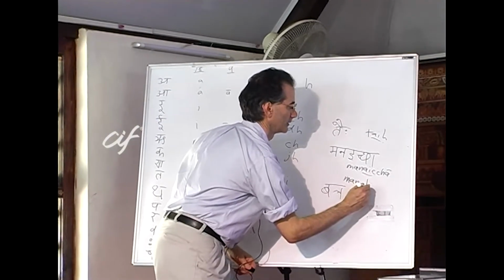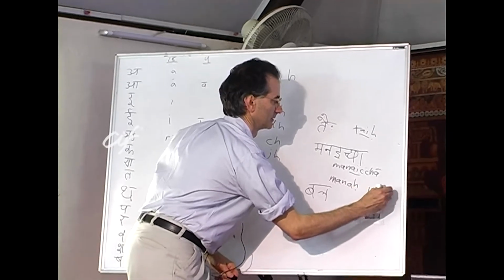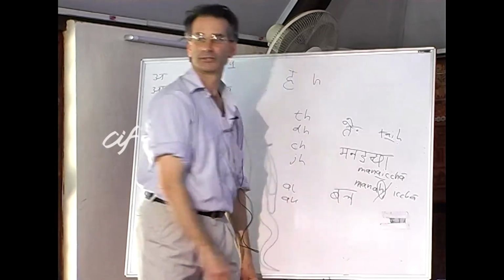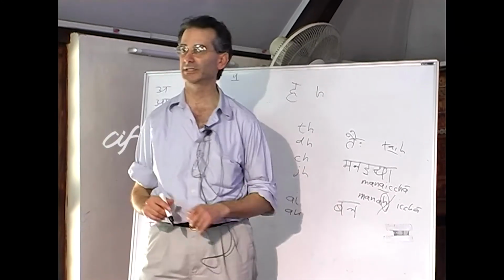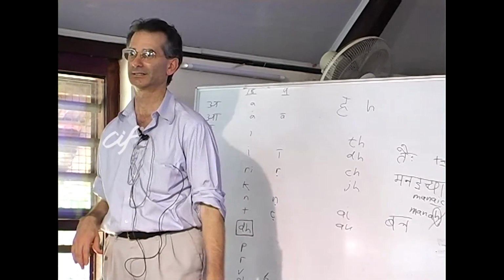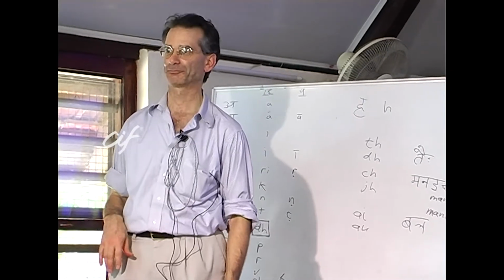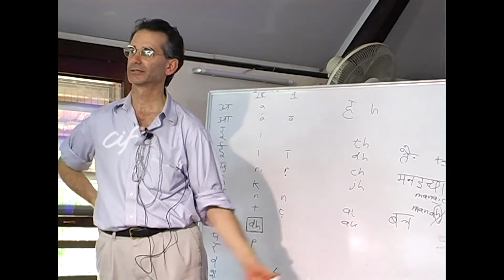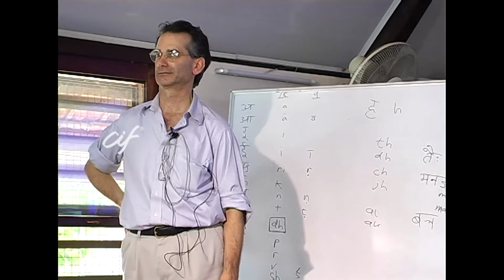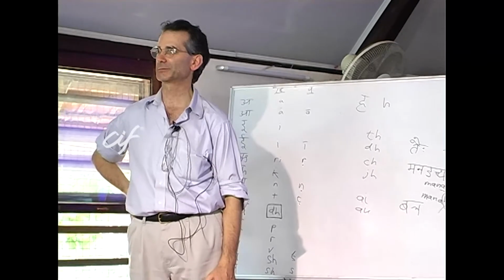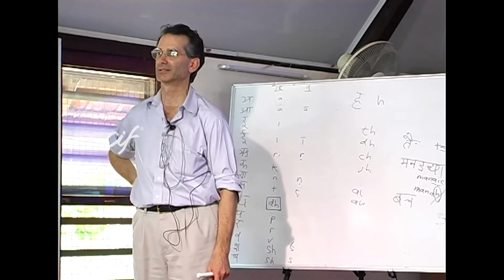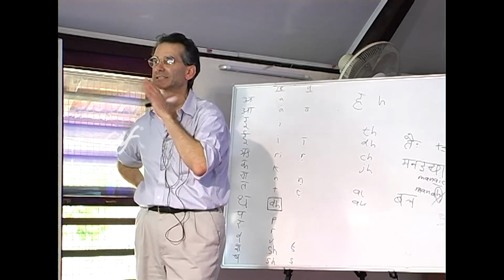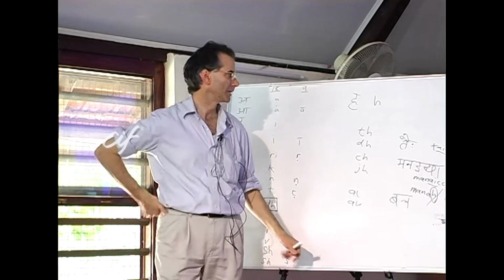We had manaha, icha, and then the visarga before a vowel disappeared, and then we're left with mana icha, right? It's actually a compound word. I don't think there is a word manaicha. It's a compound word. Samasta shabda koshe vartate.